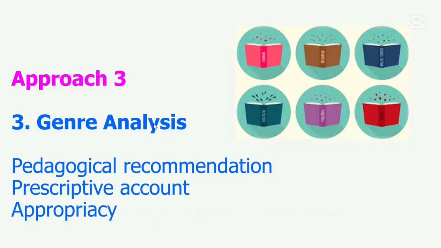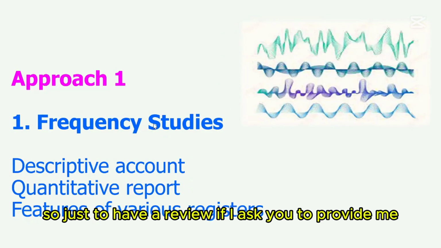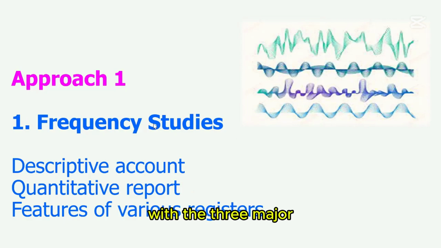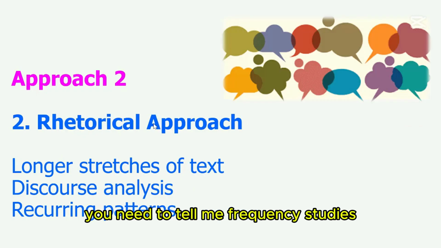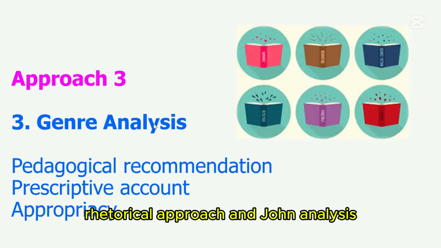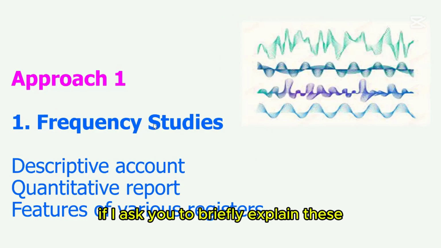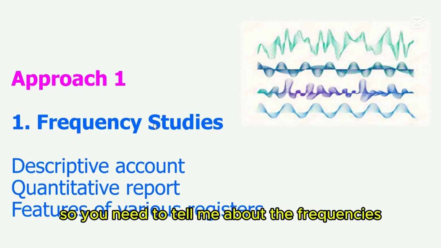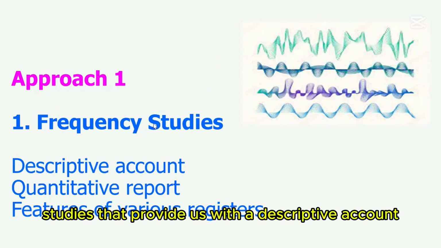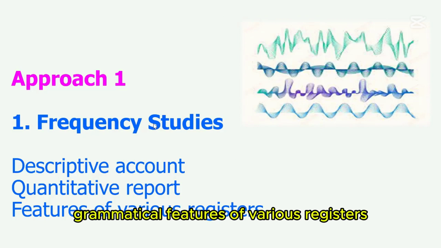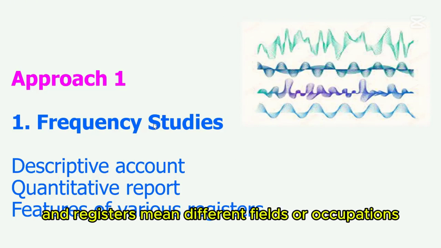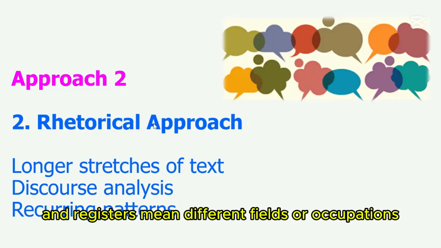So just to have a review, if I ask you to provide me with the 3 major approaches in language description in ESP, you need to tell me frequency studies, rhetorical approach, and genre analysis. If I ask you to briefly explain these, you need to tell me about the frequency studies that provide us with a descriptive account, which is a quantitative report of lexicogrammatical features of various registers, and registers mean different fields or occupations.